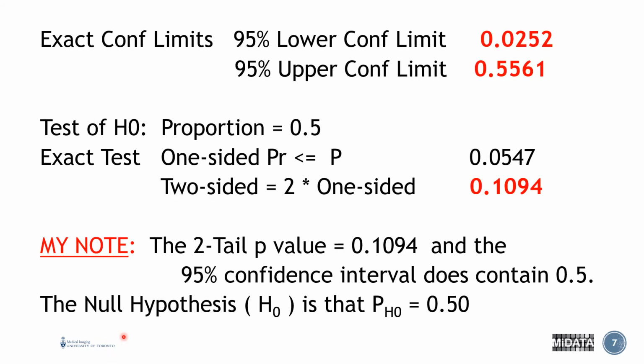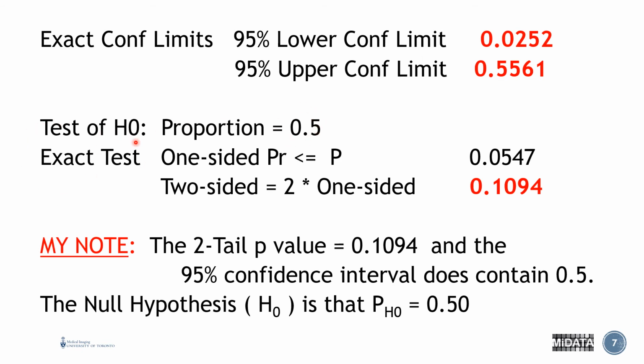So as a refresher, you'll remember that SAS calculated the exact 95% confidence limits, and this was for the sample proportion of 0.2, and you'll remember that the range of the confidence limits included 0.5, which is our hypothesized null hypothesis value.